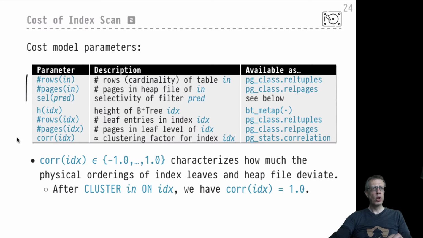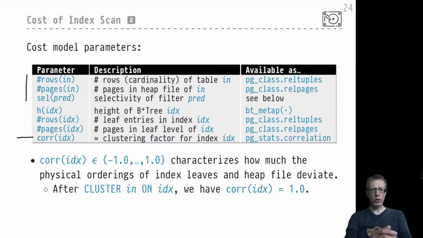And then there is also correlation. A correlation would be a parameter of the index that measures the physical ordering of the index leaves in comparison to the ordering of records inside the heap file. So this is all about clustering. In a perfect world where the order of records in the index leaf level coincides perfectly with the order of records inside the heap file, we would have a correlation factor of 1.0.